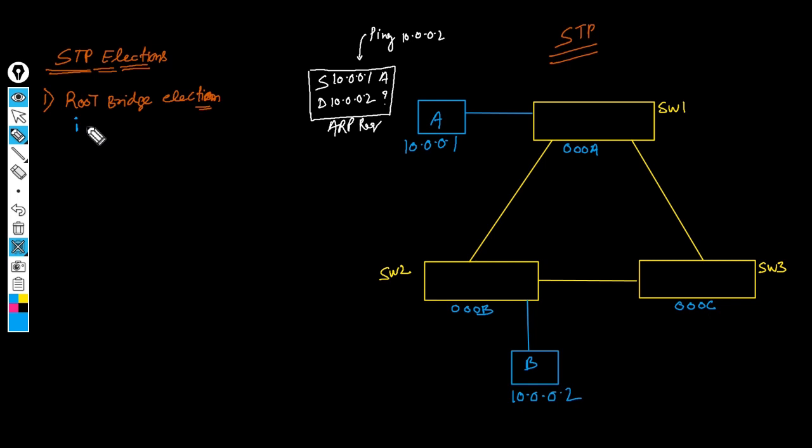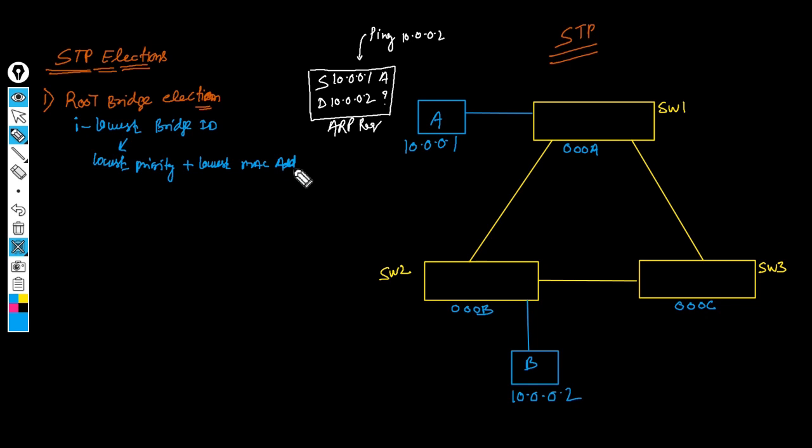The first criterion is the lowest bridge ID. This lowest bridge ID is considered as a combination of two things. First it checks the lowest priority, and second it checks the lowest MAC address.